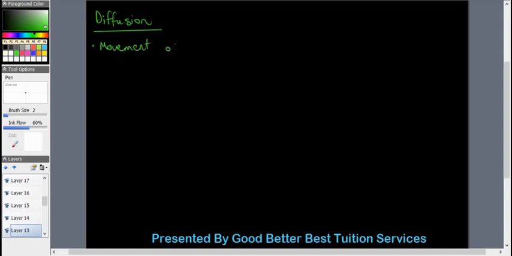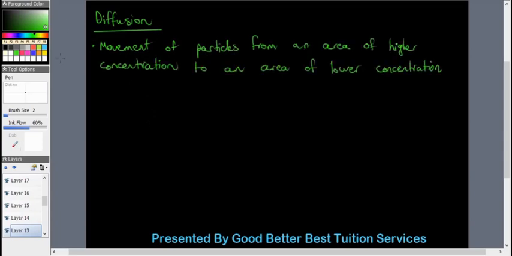This one's quite a biggie. It is movement from an area of higher concentration to an area of lower concentration. What we say with diffusion is that particles move down the concentration gradient. In other words, they move from a higher concentration to a lower concentration area.